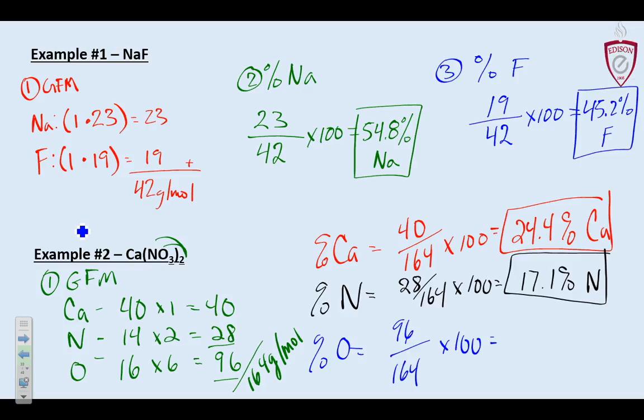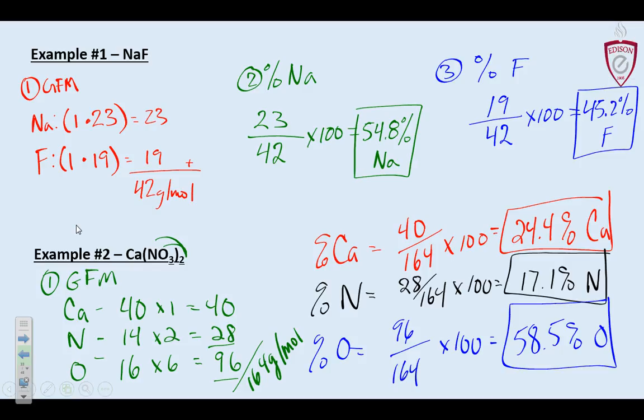Okay, so I got 96 over 164, which is 58.5% oxygen. And I see my 5, my 4, my 1 add up to 10, and then 15 and 5 is 0, so that adds up to exactly 100. Perfect. The cool extension, the application question on this, would be: which element contributes the most percentage by mass to the compound calcium nitrate?